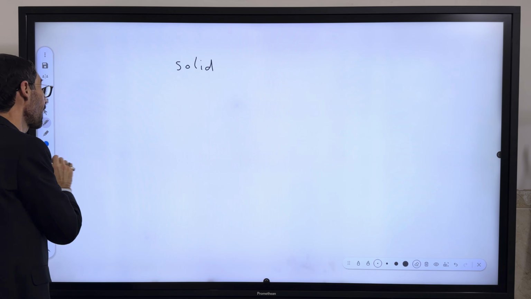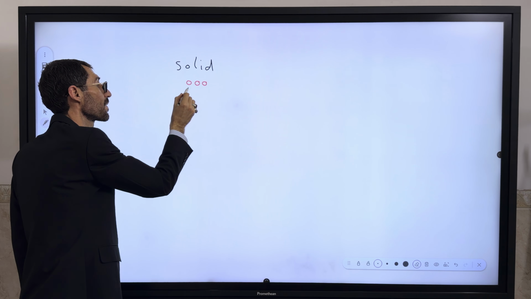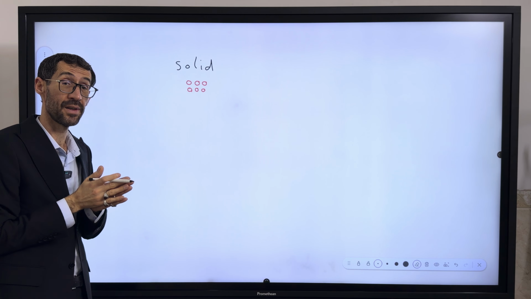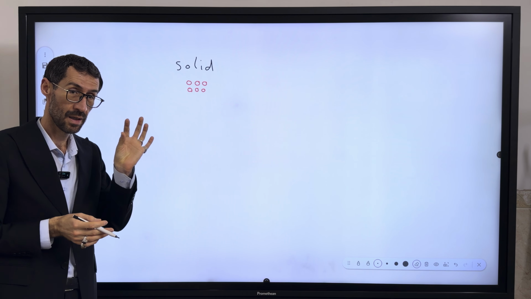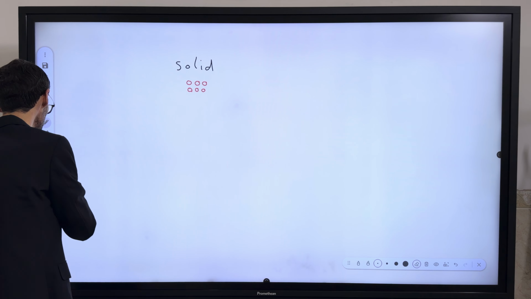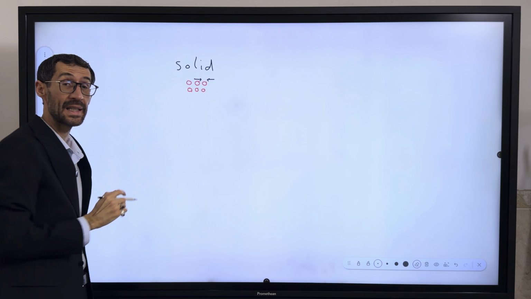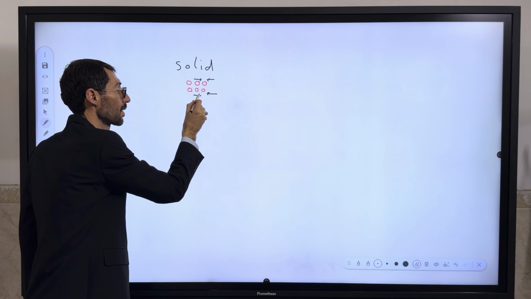Particles of solid state are very close to one another. They are about to touch each other. There's a very small gap between two neighboring particles, because these particles attract one another very strongly.